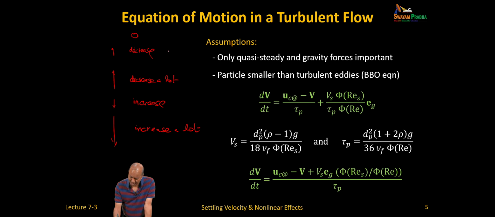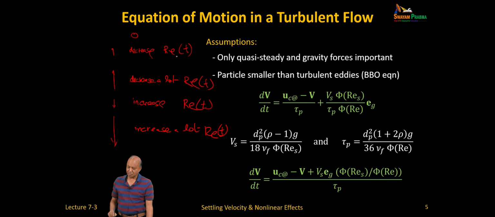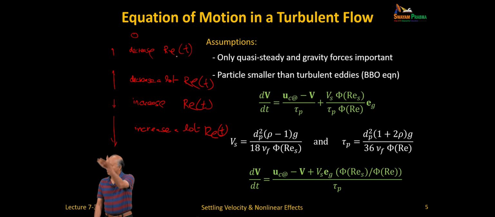Okay. Therefore, what you will find is that the Reynolds number is not the same here. It is a function of time. In a still fluid, let us say you have a Reynolds number that depends on the settling velocity. Now, if it is in an updraft, your Reynolds number will increase because the particle wants to go down, so your relative velocity is opposing.